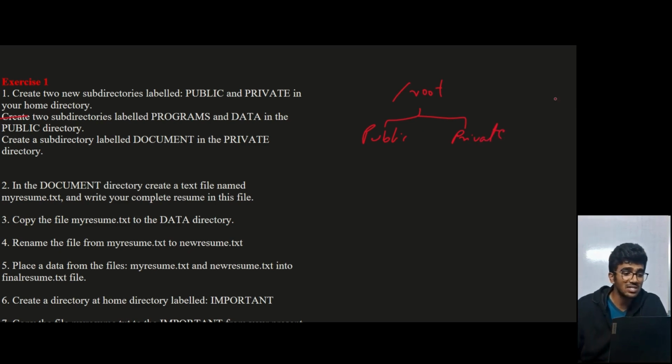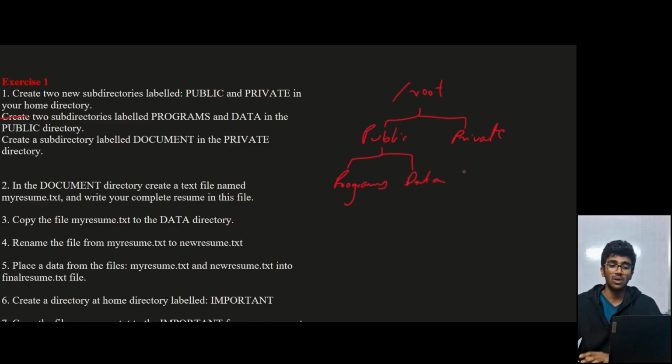Now they are asking to create two other directories inside public, that is programs and data. Under public they are asking you to create two more subdirectories. So this gets branched out as you go down. The root is on the top and things get branched down, so it is like an inverted tree structure. Linux has an inverted tree structure.